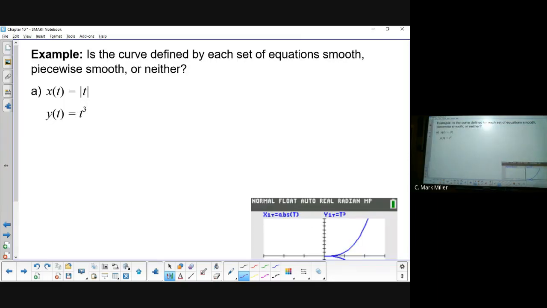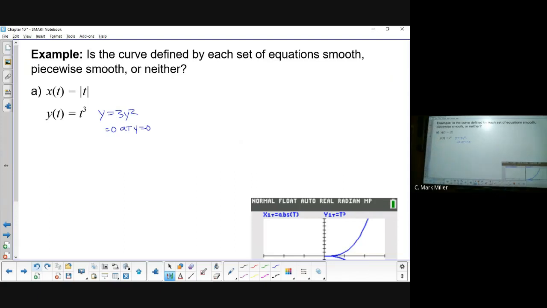And now, what are the derivatives here? Well, y prime is an easy one. It equals 0 at y equals 0, right?